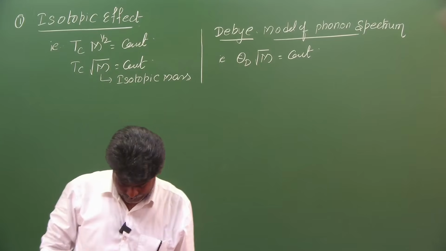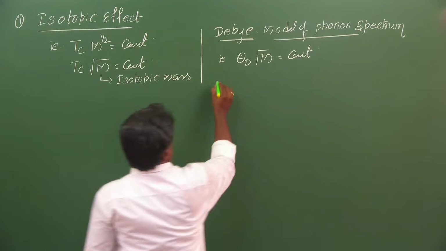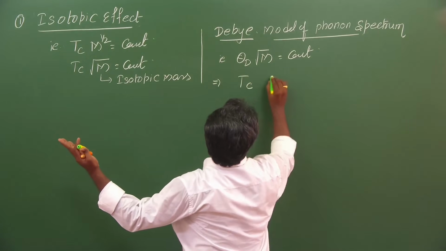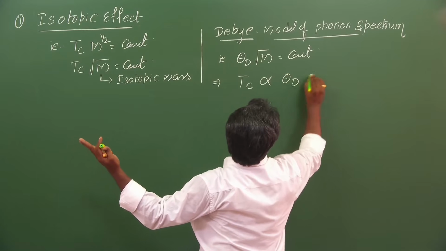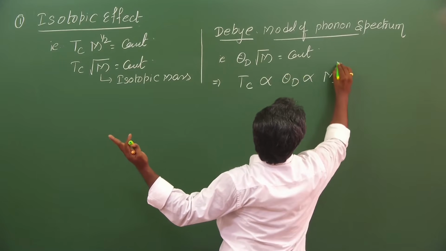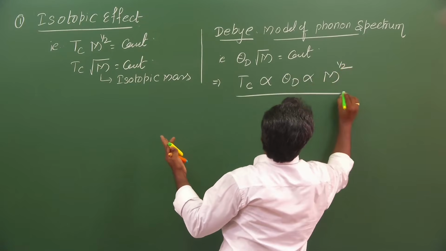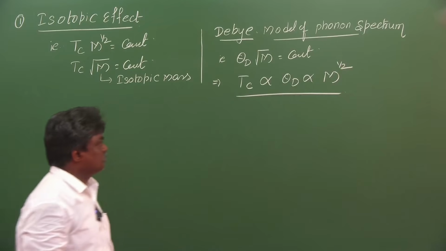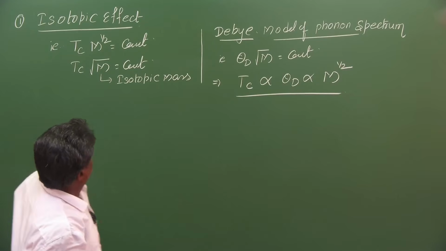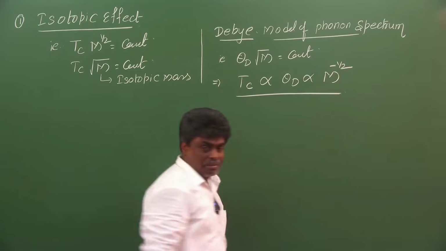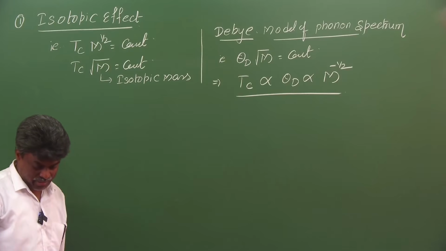Next, finally, Tc is proportional to theta d, which is proportional to m power minus 1 by 2, sorry, minus 1 by 2. Write down.